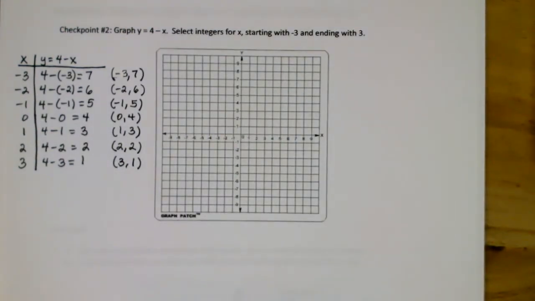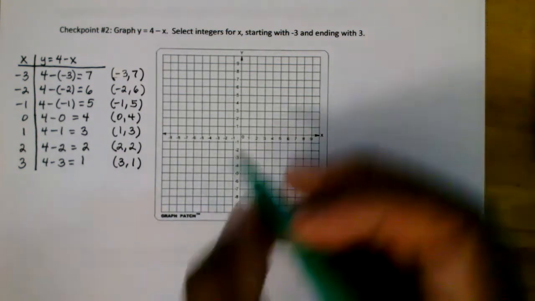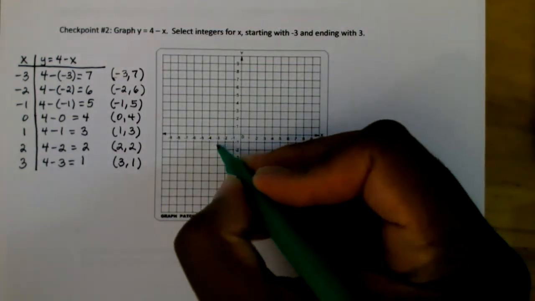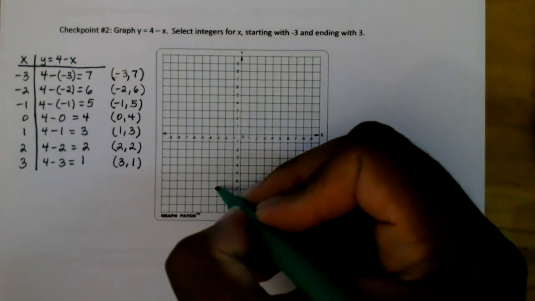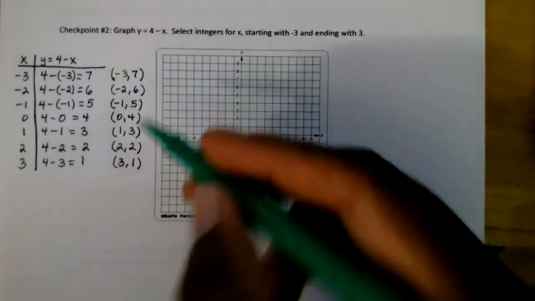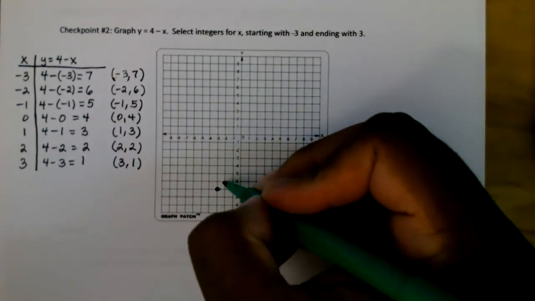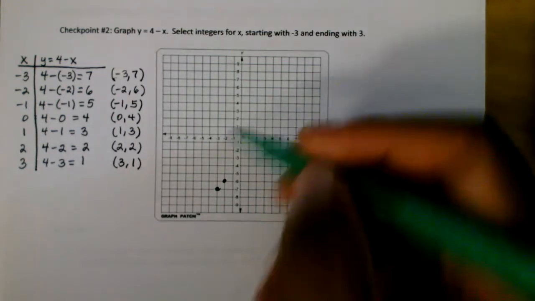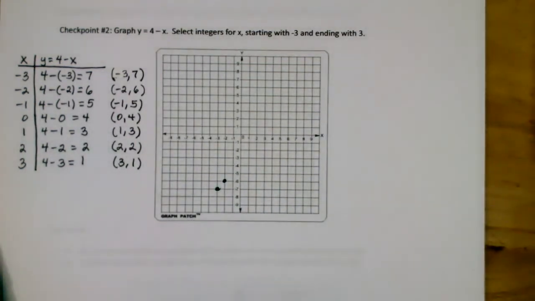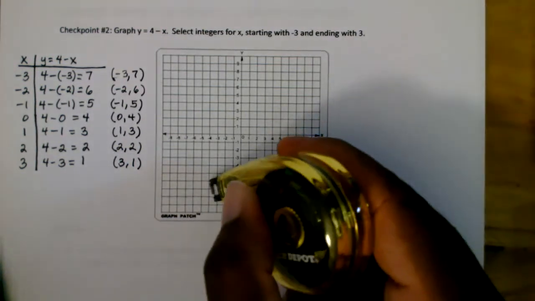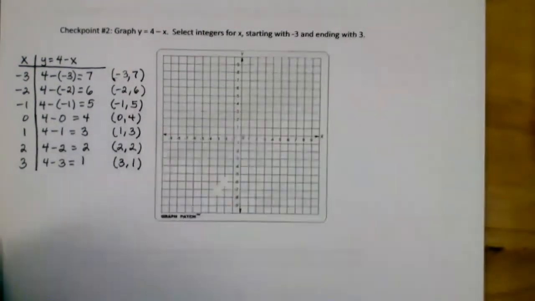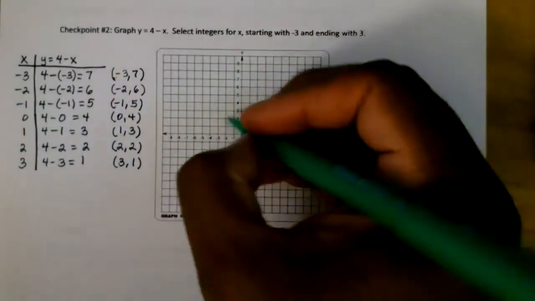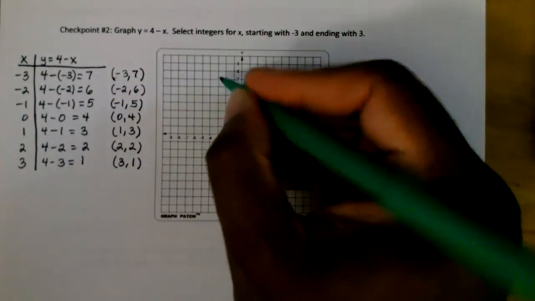And now I'm ready to plot those points on the coordinate plane. -3, 7, you go to the left 3 and up 7.